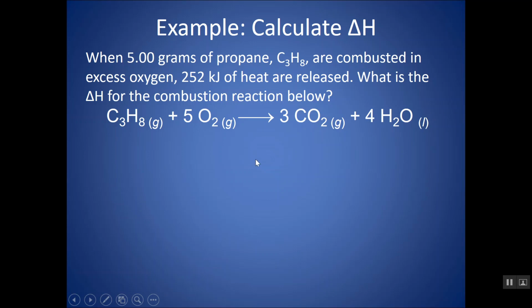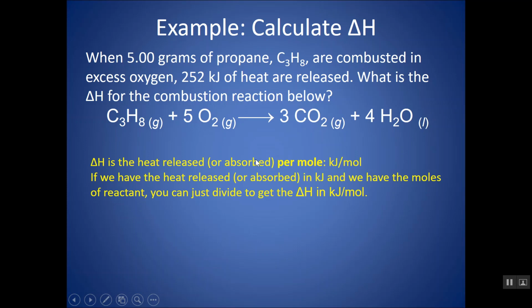So this is almost a little bit similar to those problems where I asked you to calculate molar mass in the past. If you remember how we calculated molar mass, I said, hey, if you have grams of something and you have moles of that same quantity, you can always divide grams by moles and get the molar mass because it has units of grams per mole. This is kind of similar.